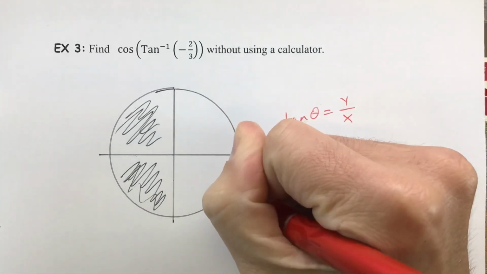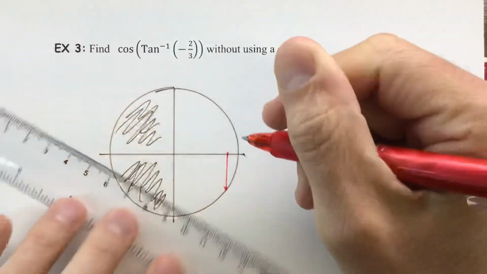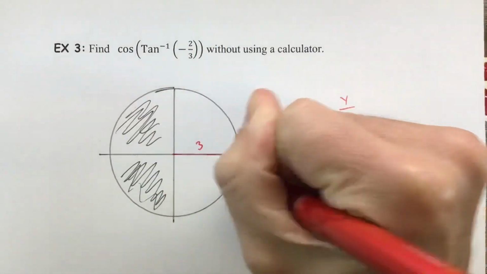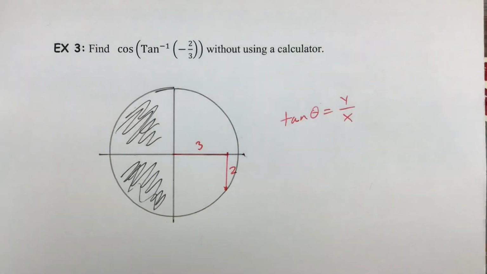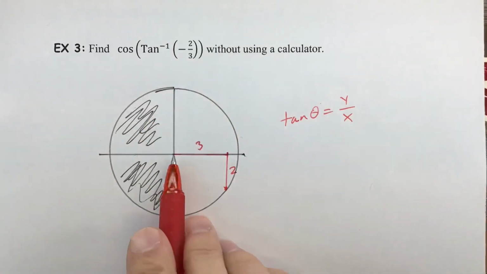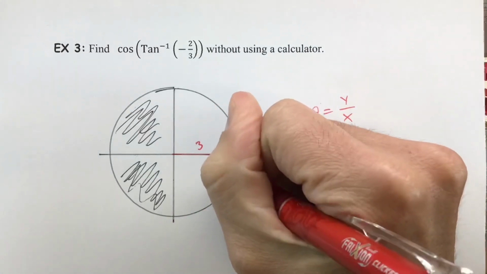So I'm going to go ahead and put a point here. I didn't measure everything exact, but 3 is bigger than 2, so I want to make sure that I can at least see that in the picture. In addition, we have a negative. Well, to the right is positive, but down is negative. So I'm going to try and squeeze it in there.